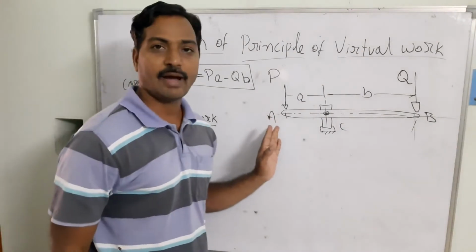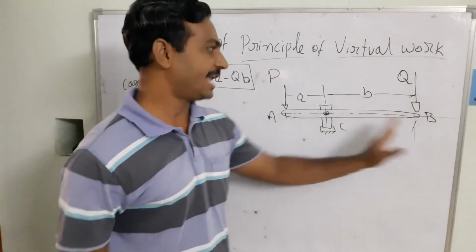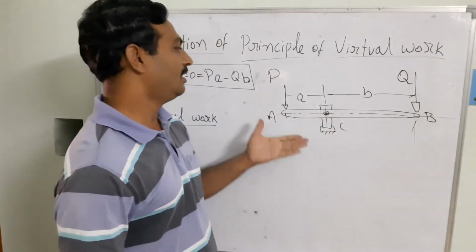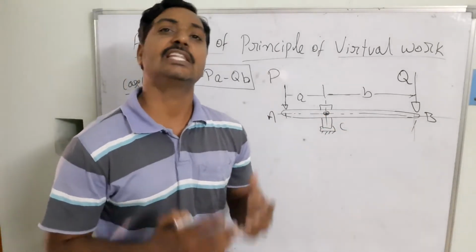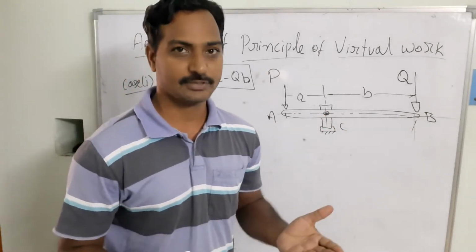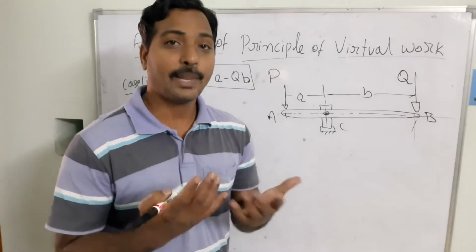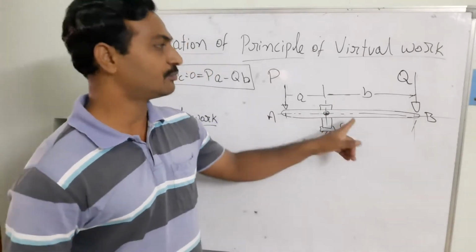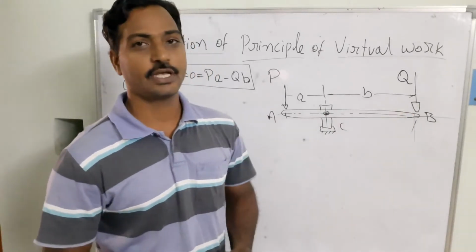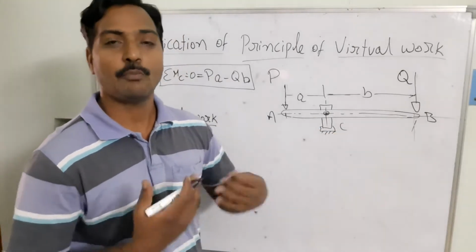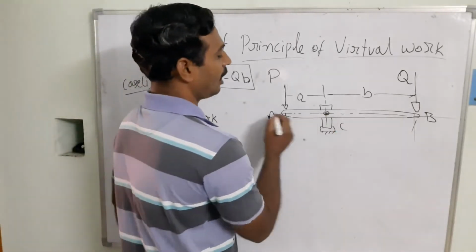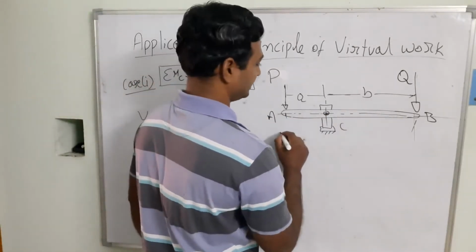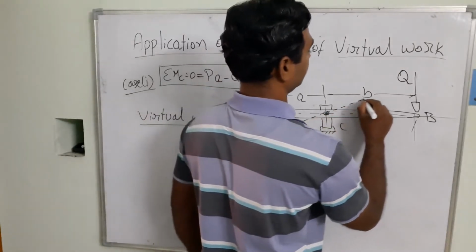The same diagram I have taken, this is the end A and B. Because I am considering the body in the equilibrium condition, there is no displacement. But I can apply an imaginary displacement to this body because of these forces. I am going to take the displacement of the axis of this member in this direction.